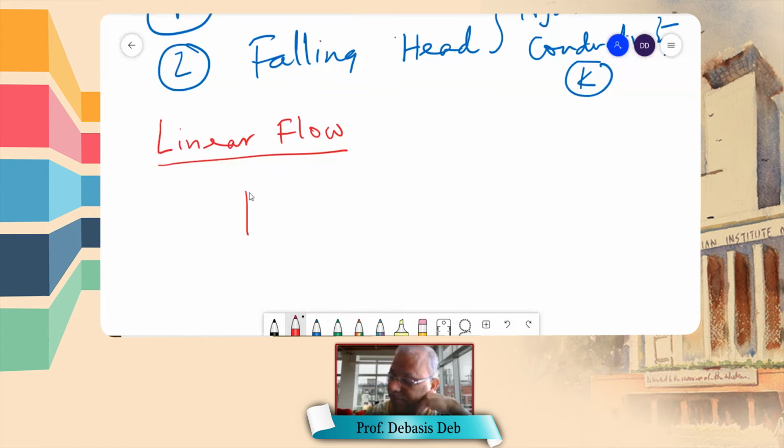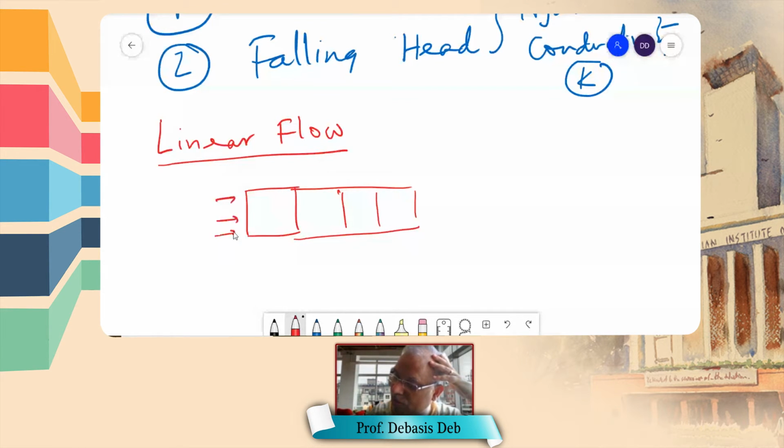And flow is going from here to here. And let's say this is some HA, this is some HB. This is the pressure head. The flow is Q.